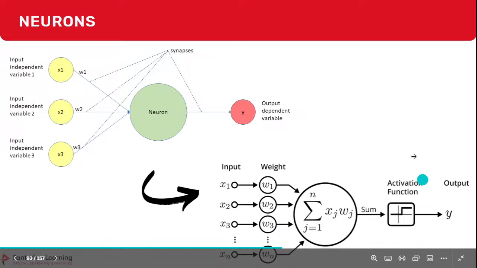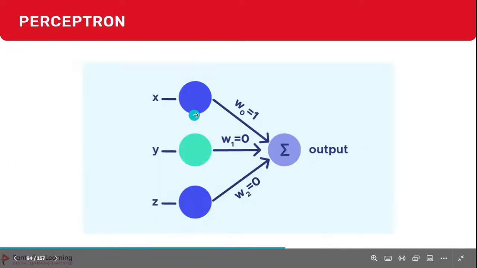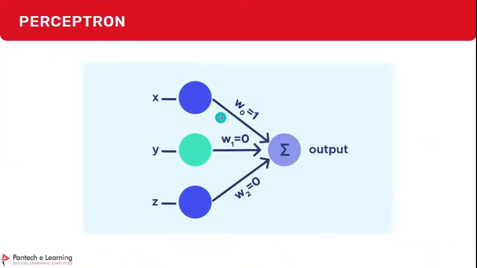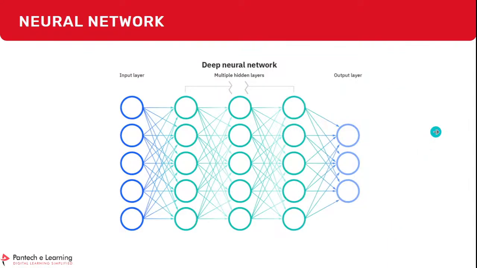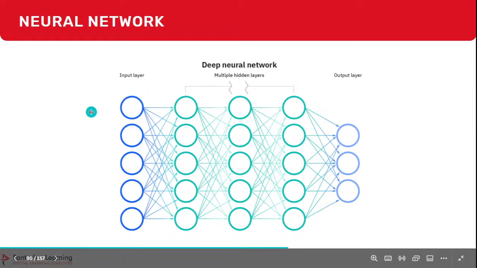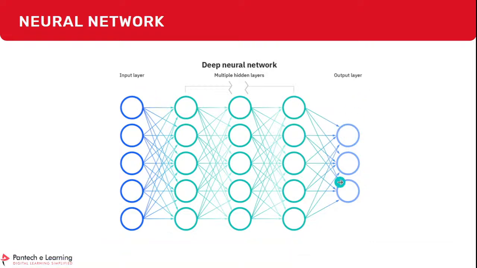This happens in a single neuron, and if you connect them, they can work together by passing information. This is a perceptron, which is a single layer neural network, and this is a deep neural network or artificial neural network, which is a many layer network. We have an input layer, through which information passes, and an output layer.